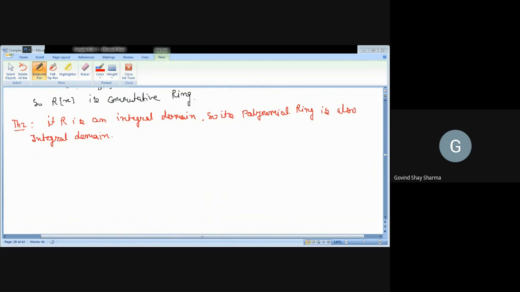Given that R is an integral domain, we have to prove that the polynomial ring of R is also an integral domain.